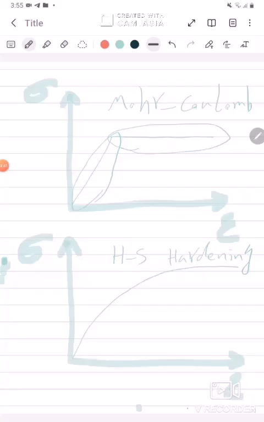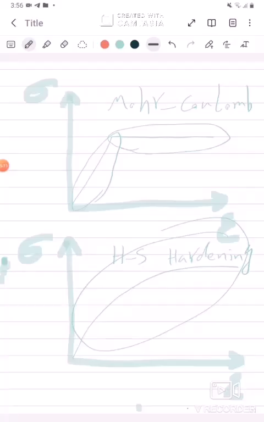It is nearer to the hardening soil constitutive model, because soil in reality behaves nonlinearly, and it is like this one. So we prefer the hardening soil model to the Mohr-Coulomb model because it is nearer to reality.